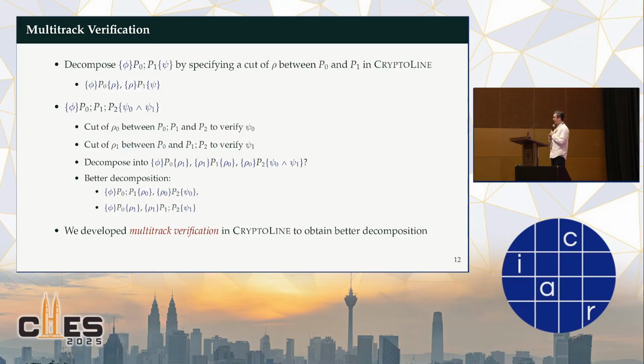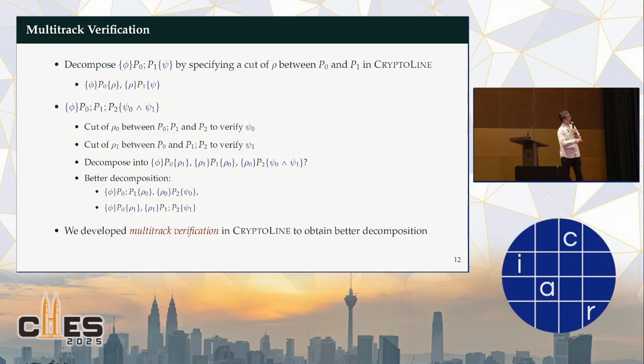But the problem is that here, we want to verify the conjunction of the post conditions with the precondition rho 0. But rho 0 is used for proving psi 0, not psi 1. So it may not contain enough information to allow us to verify that psi 1 is correct.